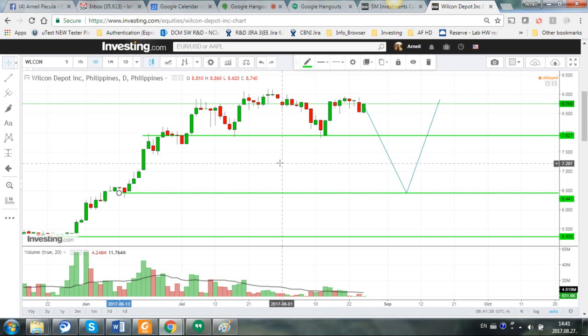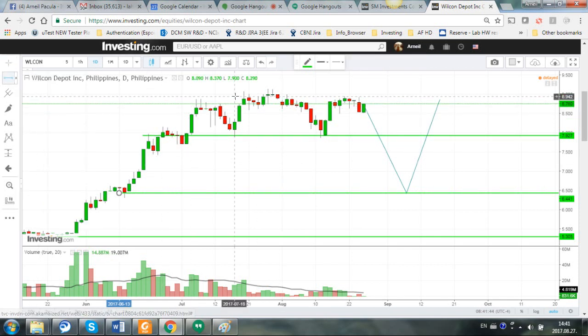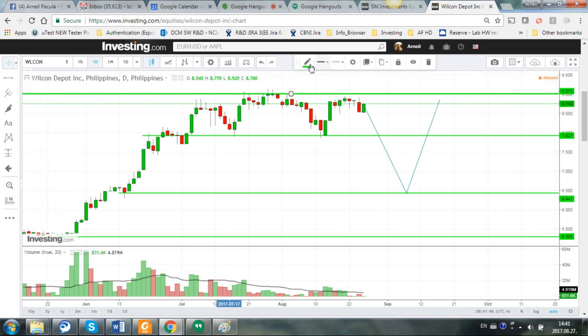But it doesn't mean that we should always sell at the resistance. So let's say we have a resistance here. It doesn't mean that that is already our selling price. It depends, kasi maybe this resistance line, this 9 pesos, is not your target price.